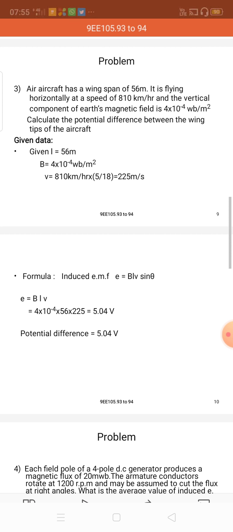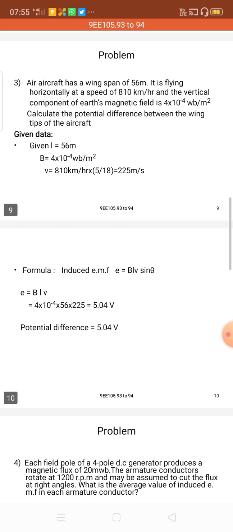The vertical component of the earth's magnetic field is 4 into 10 power minus 4, that is the flux density, and you calculate the potential difference between the wing tips of the aircraft.